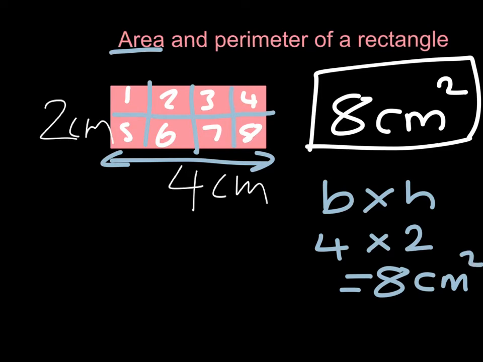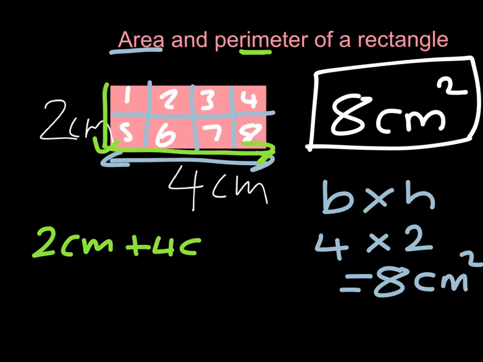Now that's area. Perimeter, just as it suggests, part in the title, perim, is all to do with the outside of the shape. So it's to do with the length, it's the total distance around the shape. So if we look at the perimeter of the shape now, we've got 2 centimetres, and then we've got 4 centimetres.